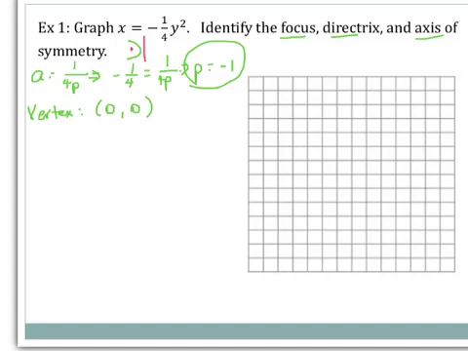So let's put some axes on this. And since it's opening left, I'm going to put my y-axis a little more towards the right. Label your axes, because there's going to be a lot going on in this graph.